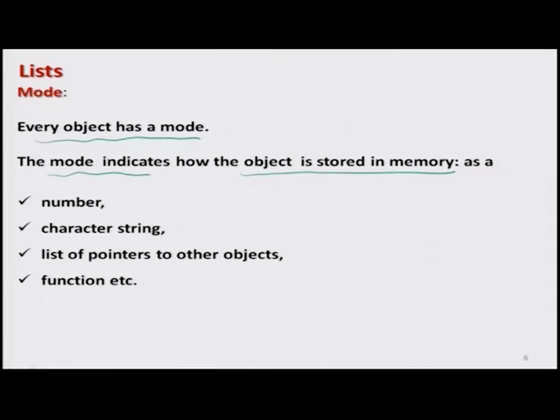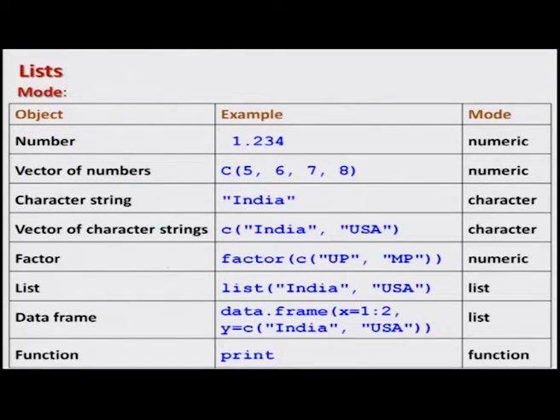For example, it can be stored as a number, as a character string, as a list of pointers to other objects, as a function, or something else also. Whenever we are trying to use the function, let us try to understand what the different types of modes are.